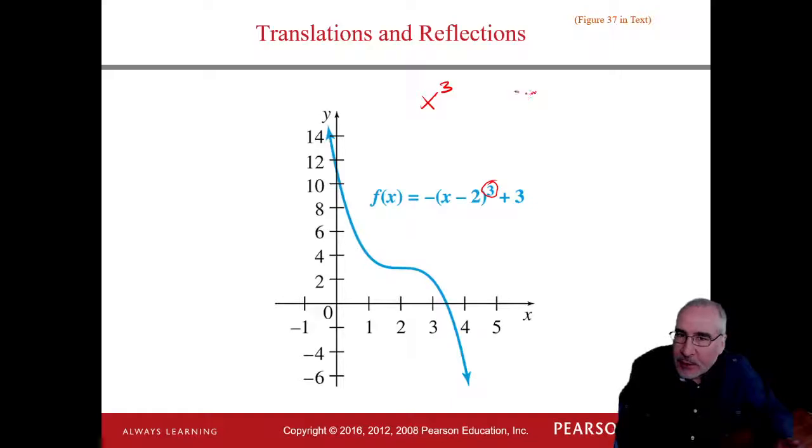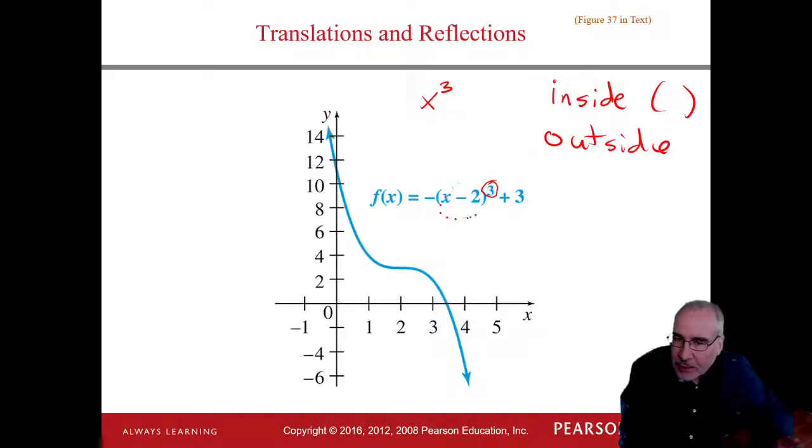So translations, we have things that happen inside, and that we can tell because it's happening inside of parentheses, and we have things that happen outside the main function. The main function is an x cubed, so here's our inside the parentheses. Outside is a +3, outside is a negative.